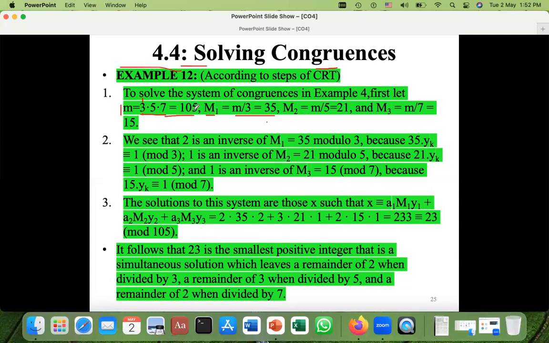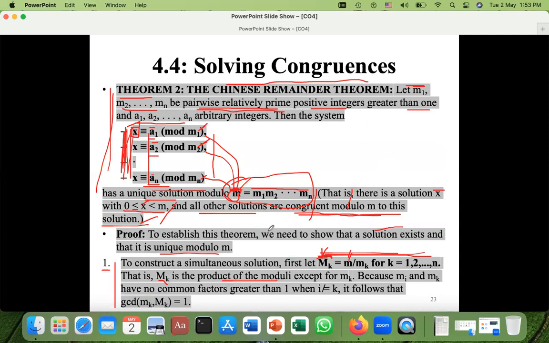Similarly, we are dividing 105 with this second modulus, which is m2, and we are getting 21, capital M2. Similarly, m divided by 7, you will have 15, which is M3. And this is step number 1 of the Chinese remainder theorem. So here you can see m divided by mk for k equal to 1, 2, and so on, and you are getting Mk.